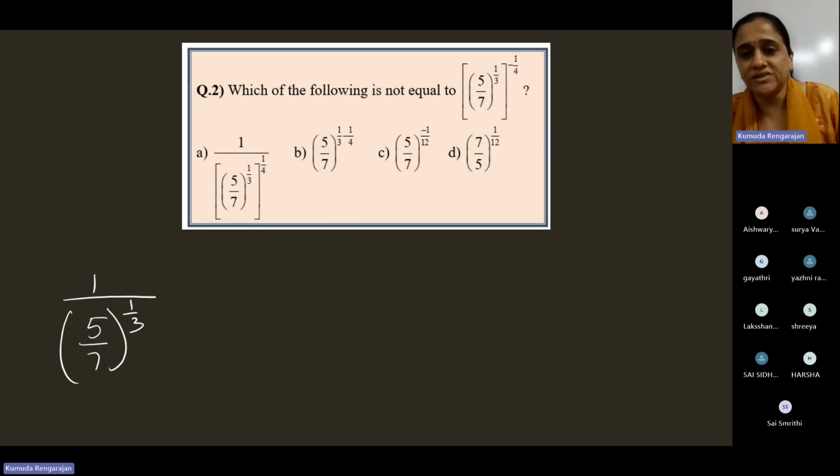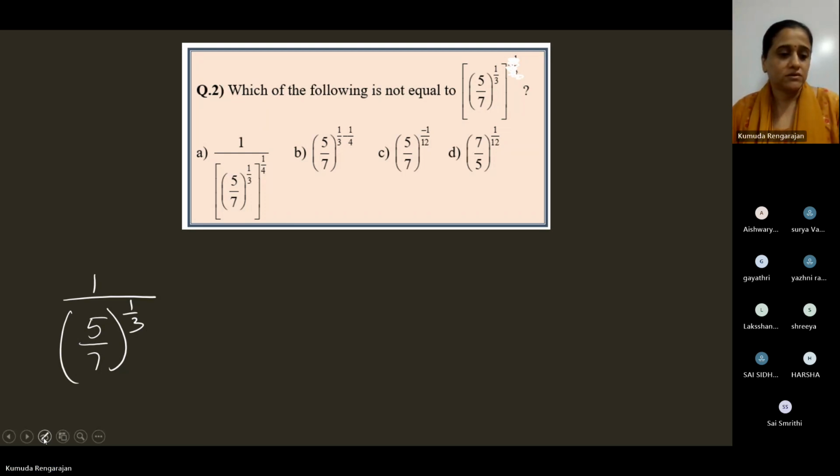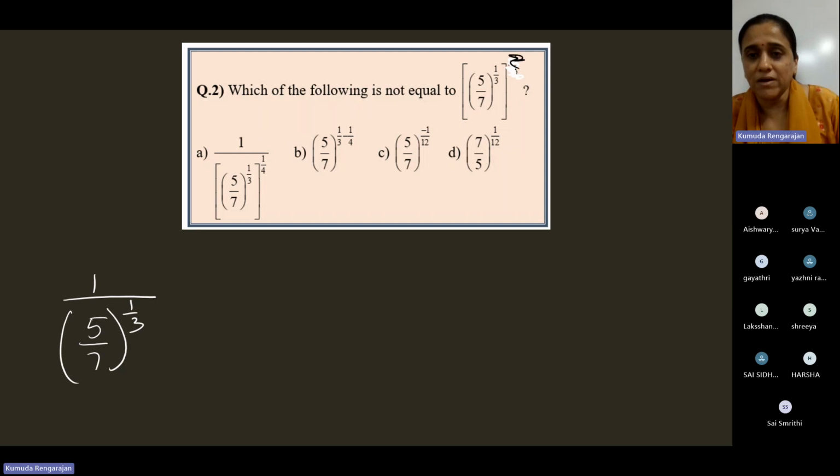When you treat this one as the power, the rest of it is treated as the base. So the base is 5 by 7 to the power 1 by 3. Reciprocal of the base, 1 by 5 by 7, the whole power 1 by 3. Now negative of the power. What is the power there? Minus 1 by 4.